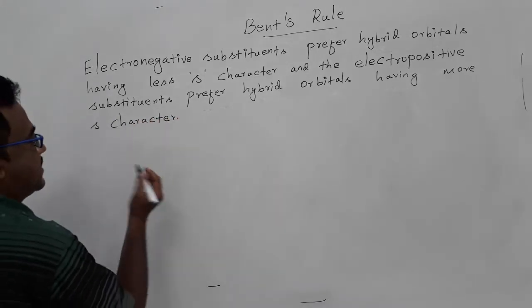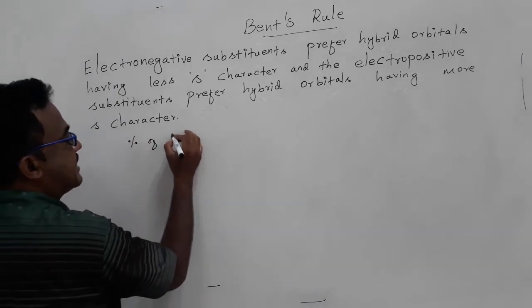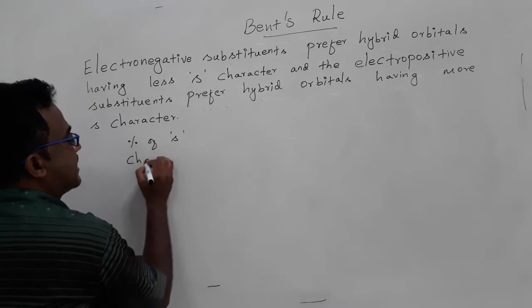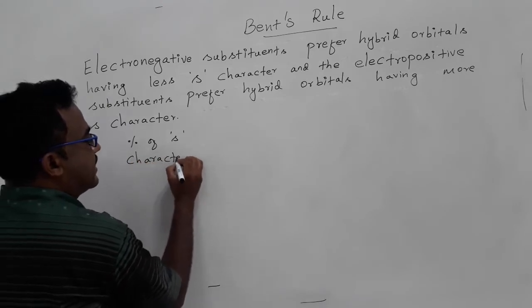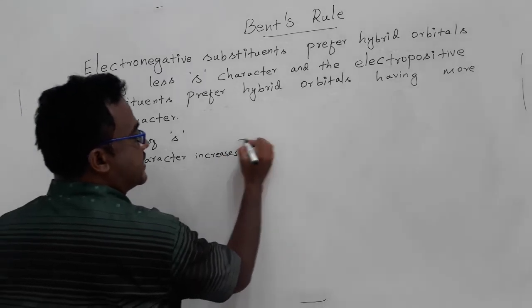Simply I can represent it another way, that percentage of s character increases. S character increases in hybrid orbitals.